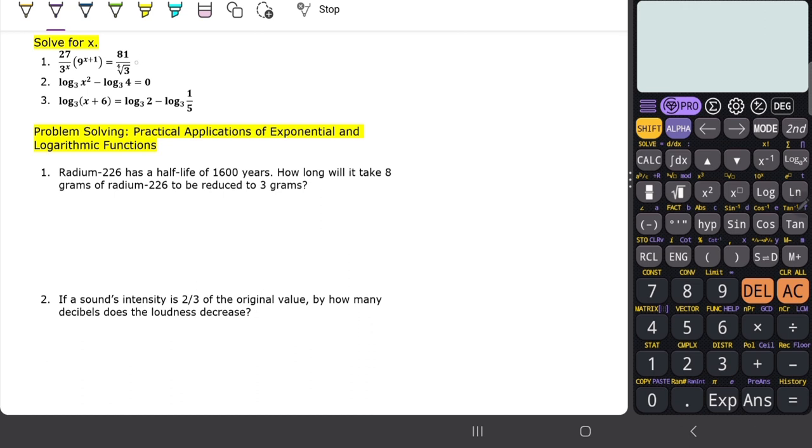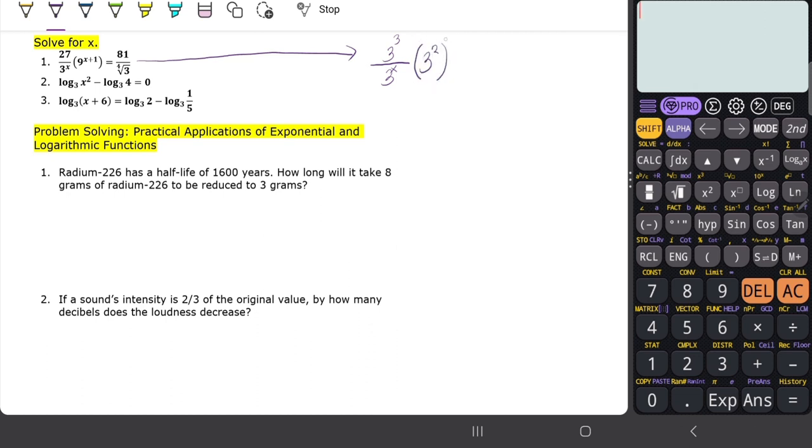Okay, so let's try to rewrite the given equation into base 3. So, for example, si 27, pwede nating isulat as 3 cubed. So, 27, that's 3 cubed divided by 3 raised to x. And for 9, that is just 3 squared.